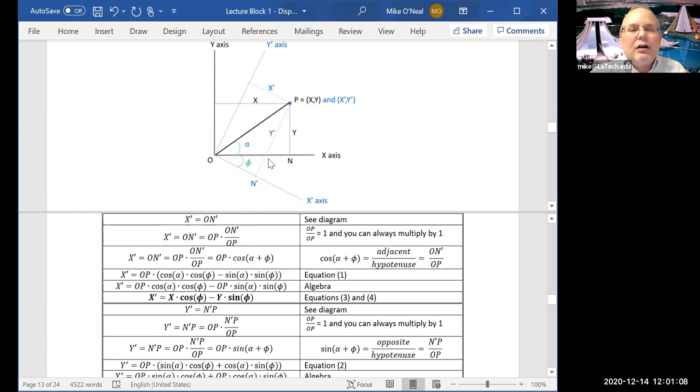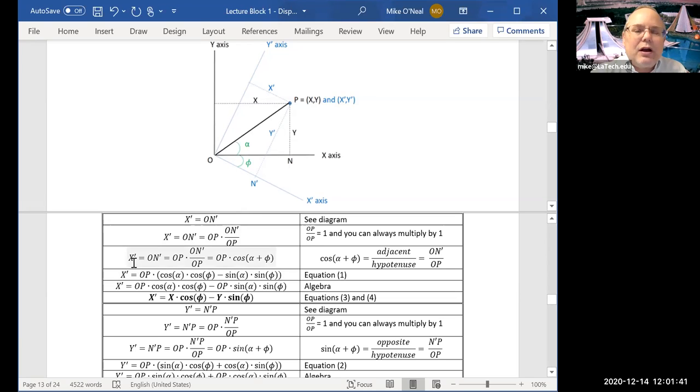So what is ON prime over OP? Well, that is the adjacent over the hypotenuse. If you add both of these angles together, alpha and phi, now we're talking about this combined angle here. What is the cosine of that combined angle? The cosine of that combined angle is the adjacent ON prime over OP.